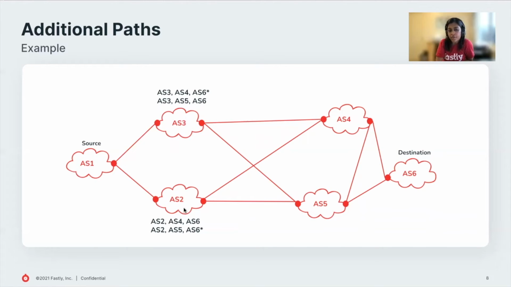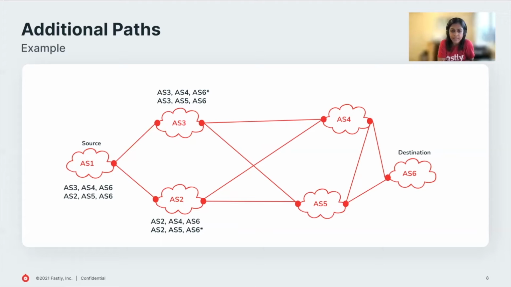Similarly, AS2 can go AS246 or AS256. Each of these ASs would pick whatever their best path is and share only that information with AS1. So AS1 in this case only has two paths, one out of each autonomous system it is connected to, even though there are actually four equal length paths to reach its destination.